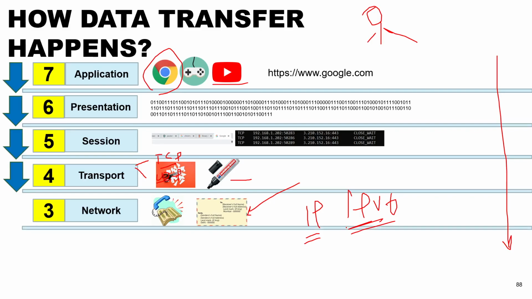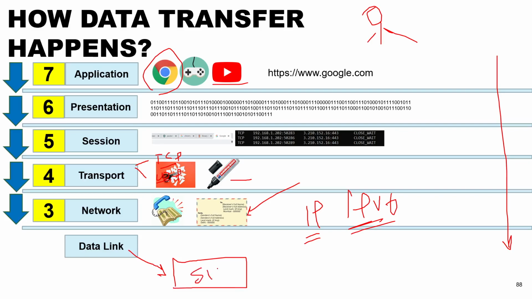After that, the data will be moved to the data link layer. The data link layer means that data will exit from the interface and go to a switch. Unfortunately, the switch cannot read this message.